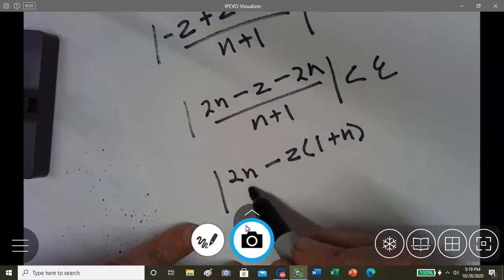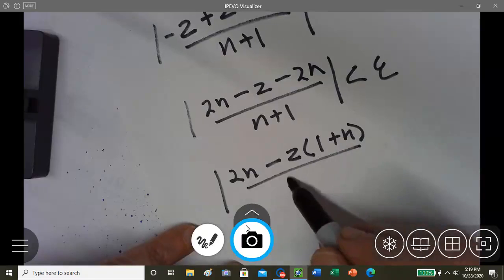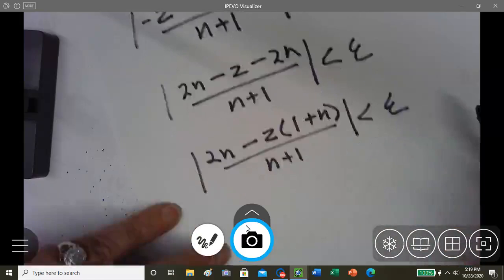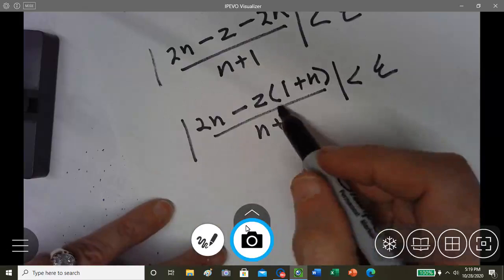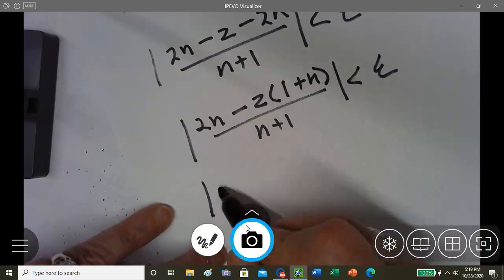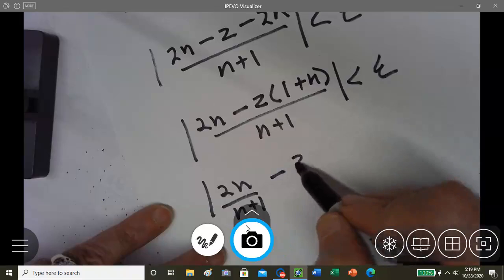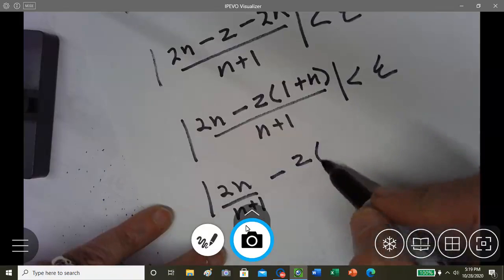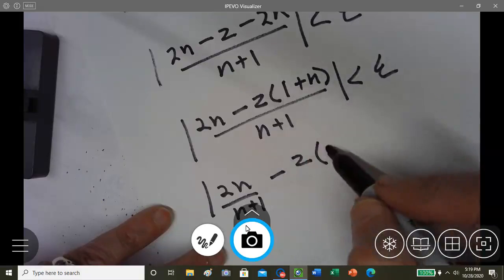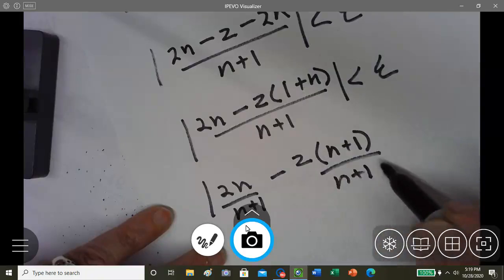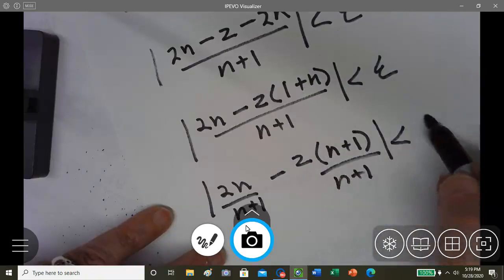And so from here we can split it, and all that is less than epsilon. So now we can split this as 2n over n+1 minus 2 over 1 plus n, which is the same as n plus 1 over n plus 1 is less than epsilon.